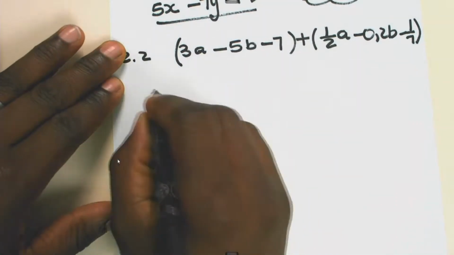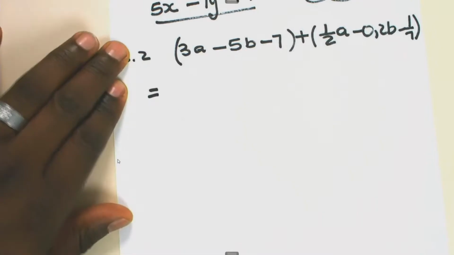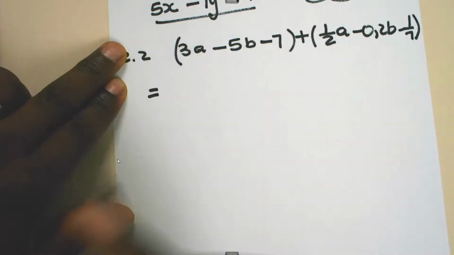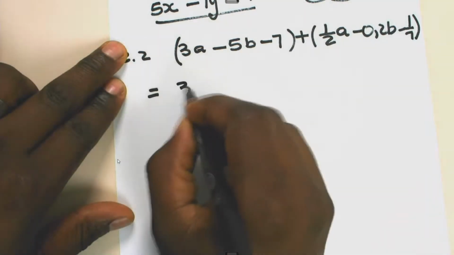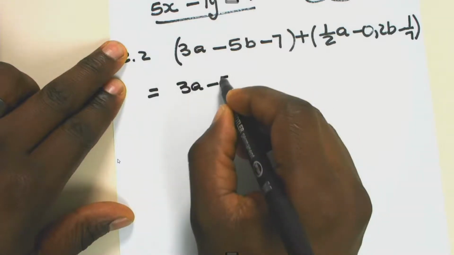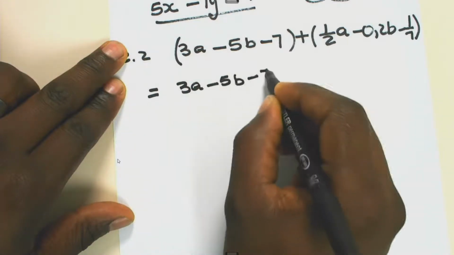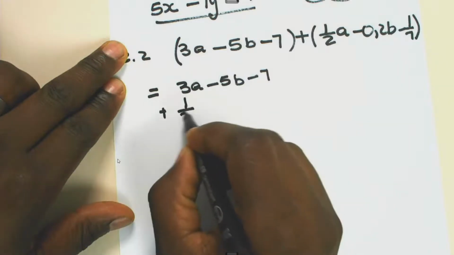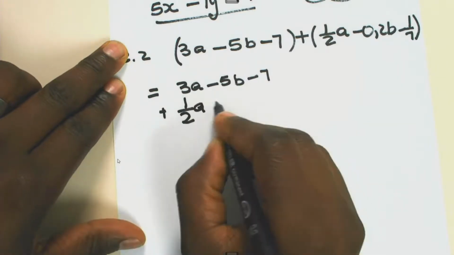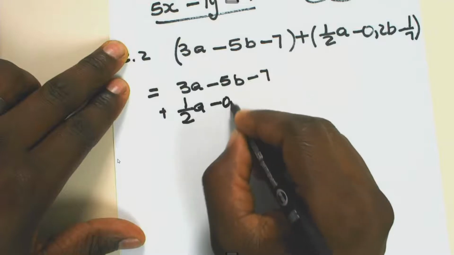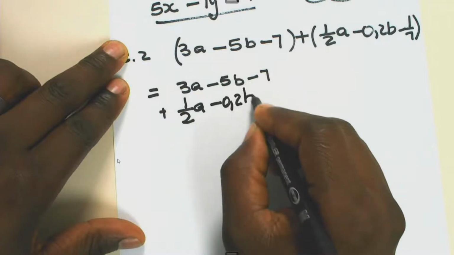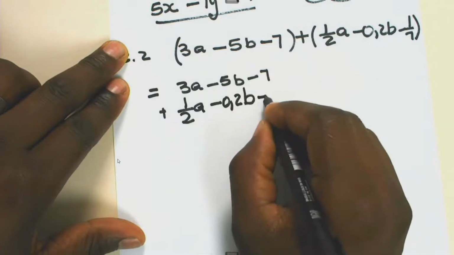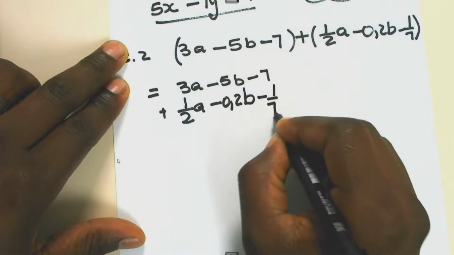Okay, when I add the two expressions, this will be 3a minus 5b minus 7 added to half a minus 0,2b minus 1 out of 7.